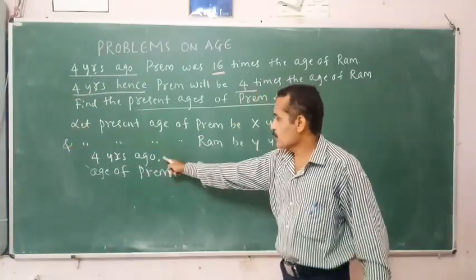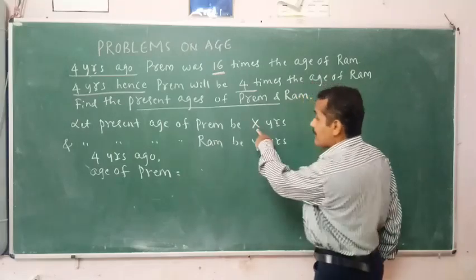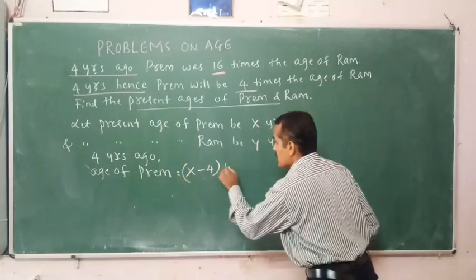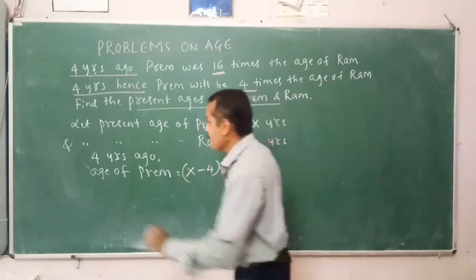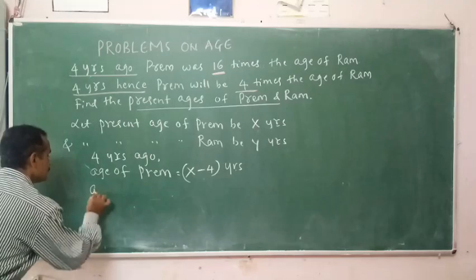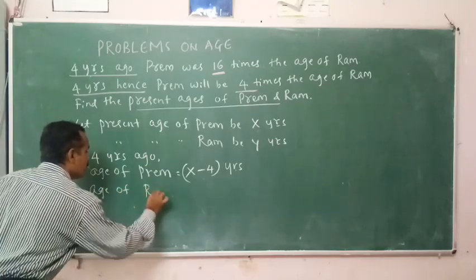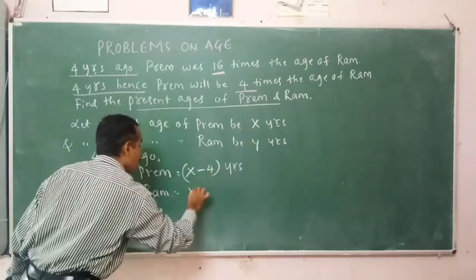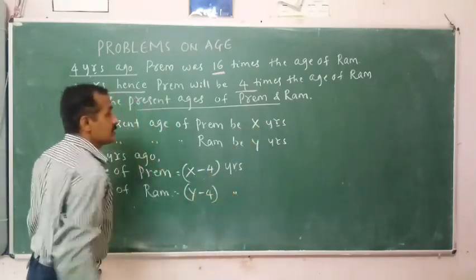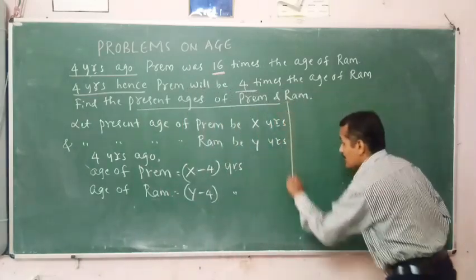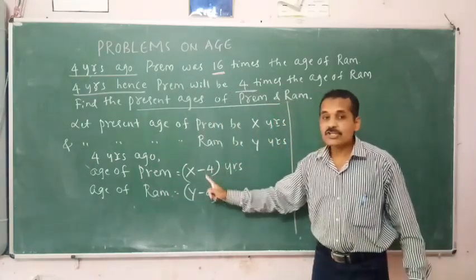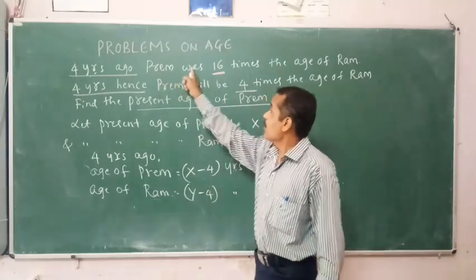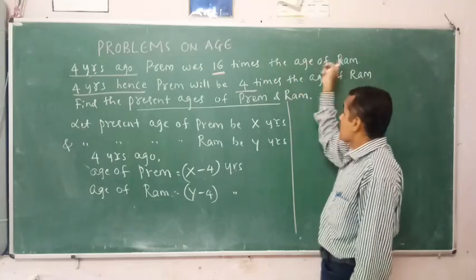Okay, now I am taking the story of 4 years ago. Age of Prem is equals to x minus 4 years. And age of Ram is equals to, going 4 years ago, y minus 4 years. Now listen, students. They have given you a relation, that Prem was 16 times the age of Ram.